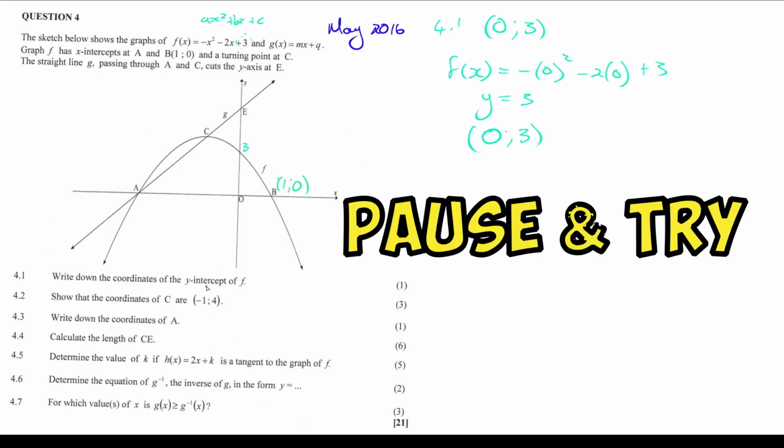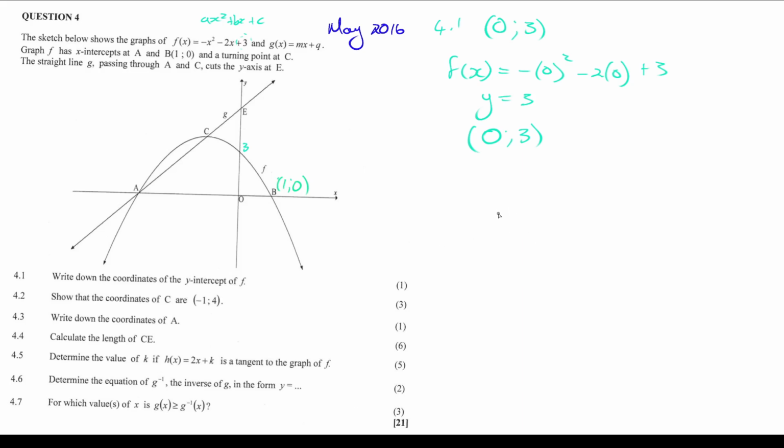So you have two options here. For the grade 11s who might be watching this, you can say x equals negative b over 2a. I'm going to say, okay, my b is minus 2. Now remember, the b has its own minus, so please don't just leave it out.